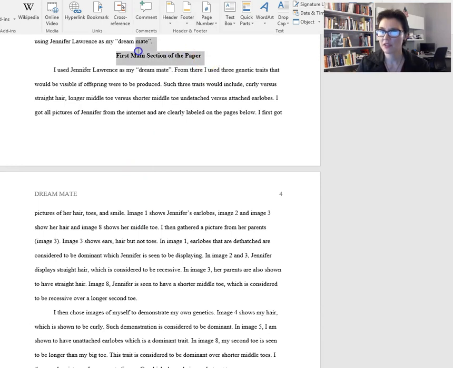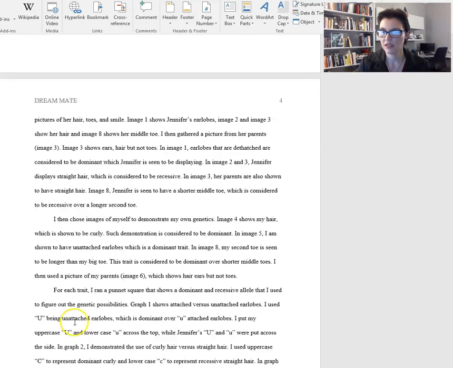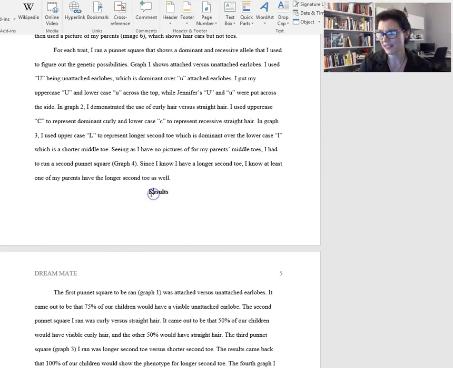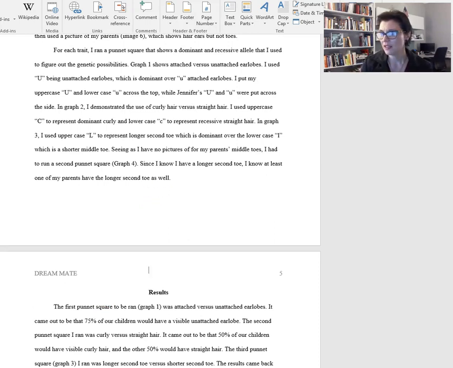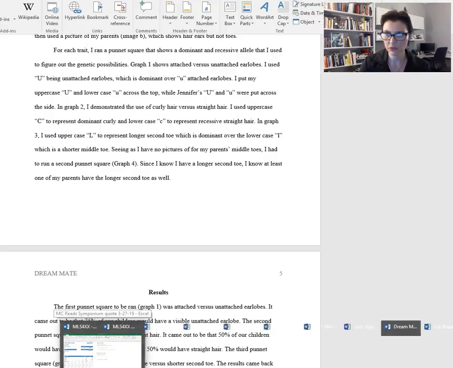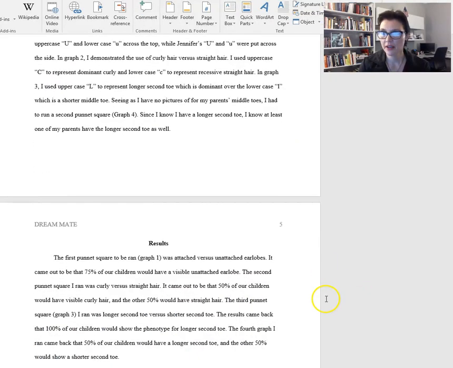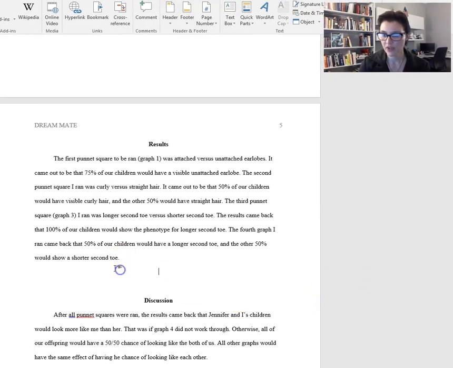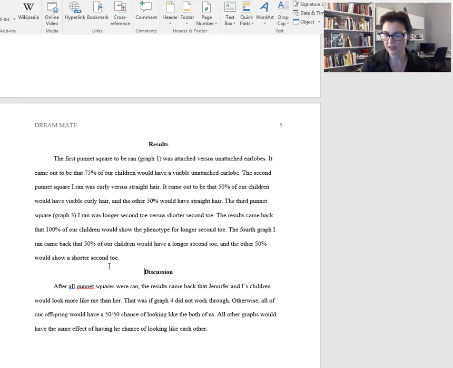And then make sure that this is materials and methods. Then results. If it ends up being here at the end of a page like this, just go ahead and return and have it together with the paragraph it belongs with. Don't put that extra spacing in there.